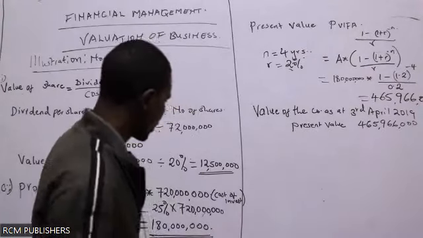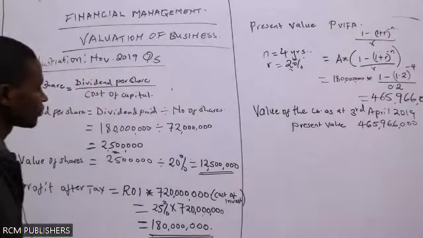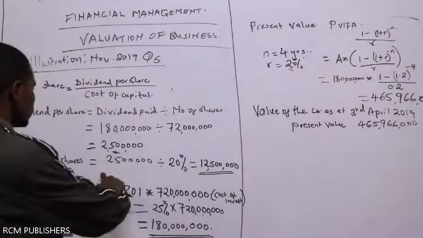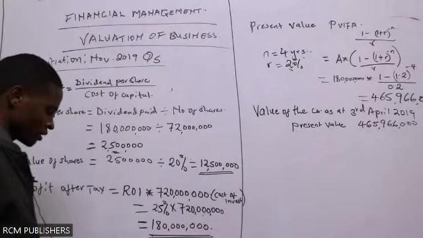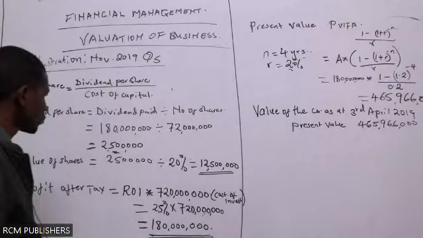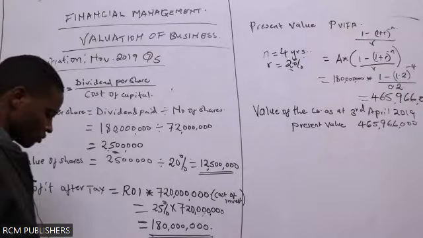So we are using the 12.5. That is the value here. We are using the 12.5, and then we have the number of shares already. We computed the number of shares.